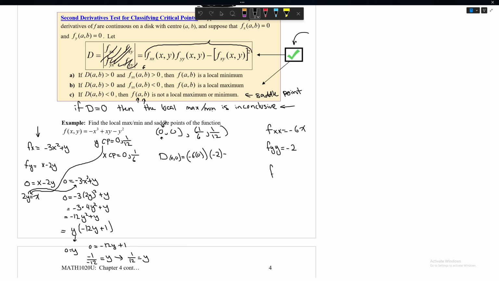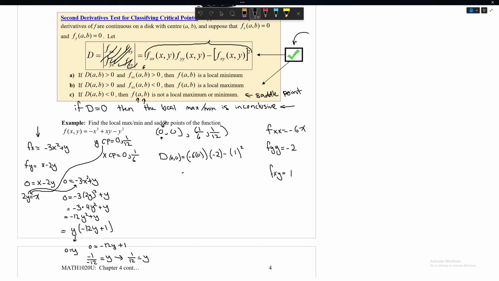So now I have to get my fxy. What is this? I take this and differentiate it in terms of y. This whole thing is a constant, so it goes to 0, and my y will just be 1. So now I have a minus 1 squared.